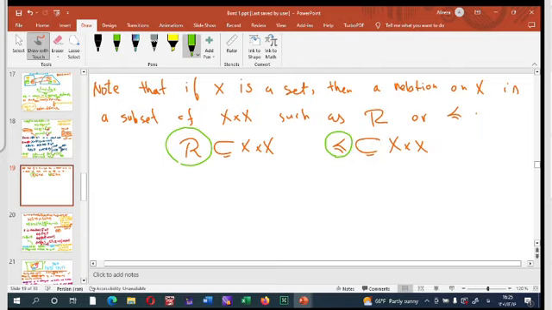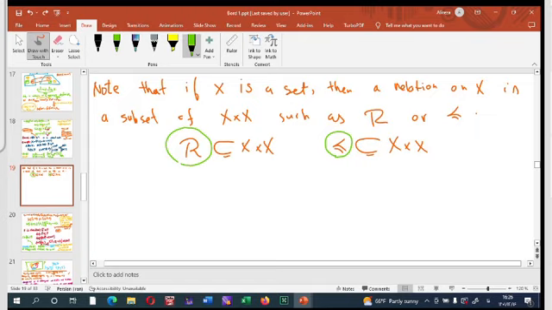Now these three properties can be rewritten by this. For any alpha in X, we must have this belong to R, because in relation you know that. Let me write this first for you.